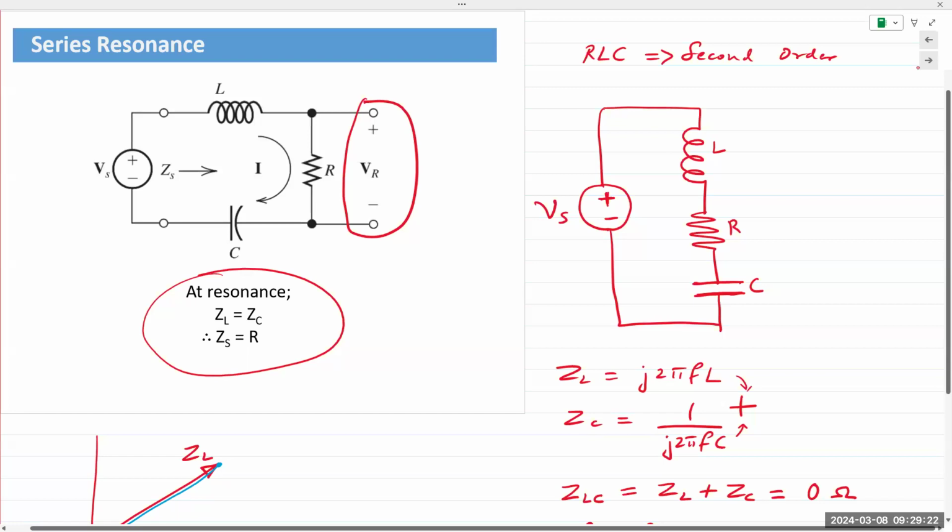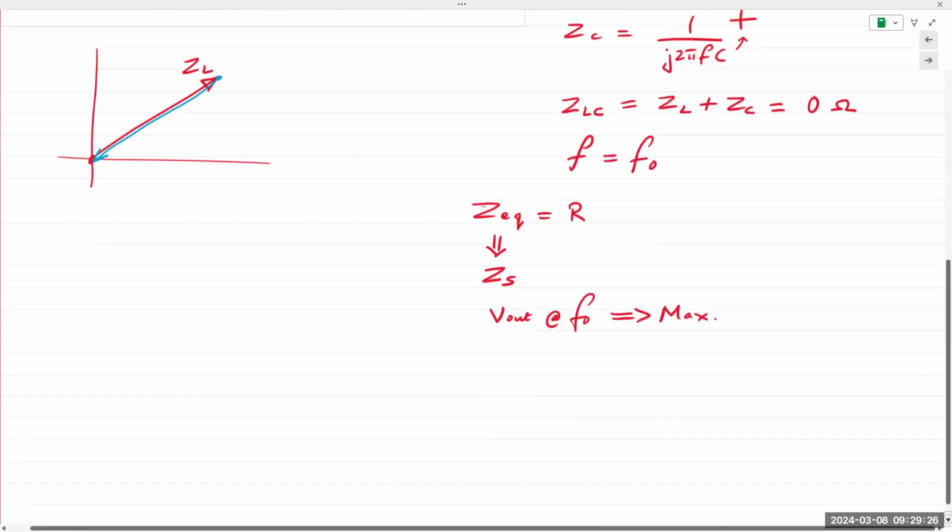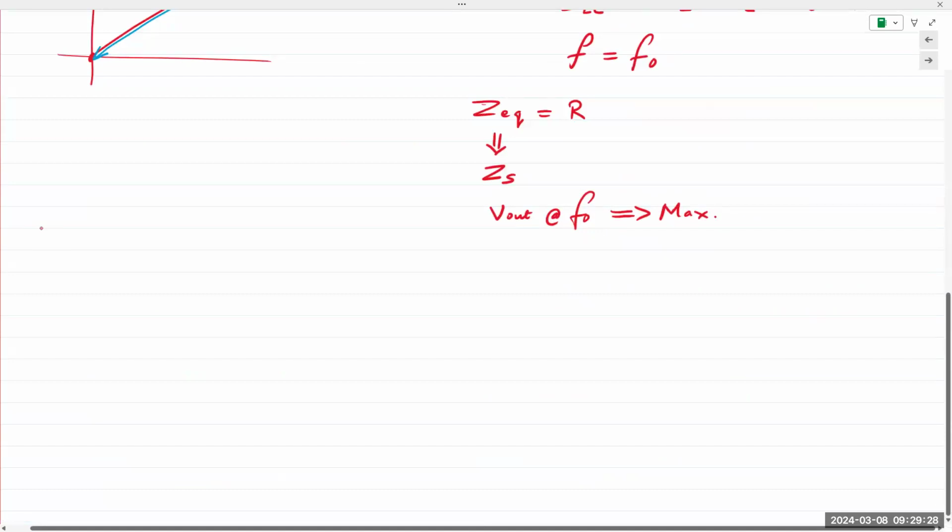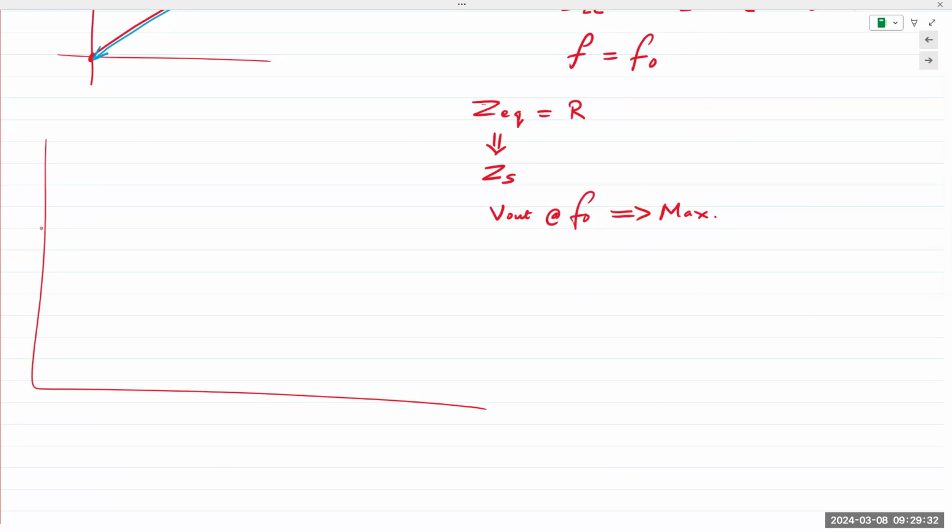Does that make sense? So if I plot the characteristic of just the RC, what do I get? I'd have a high pass filter and a low pass filter.